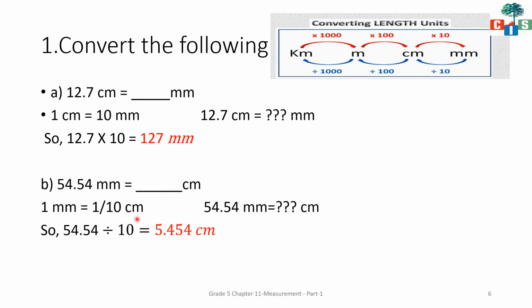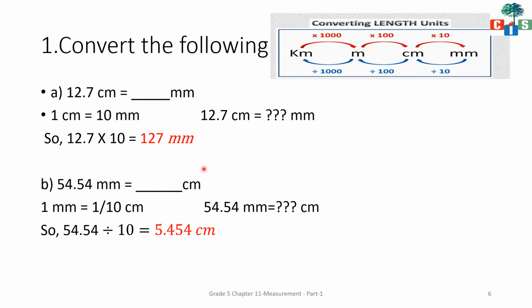Because here we have only one zero. So this decimal point will come between 5 and 4, so our answer will be 5.454. Okay, multiplication and division by 10, 100 and 1000 we have already learned in chapter number 8.